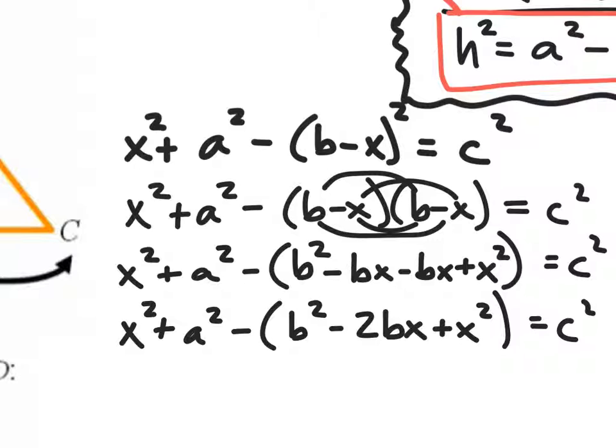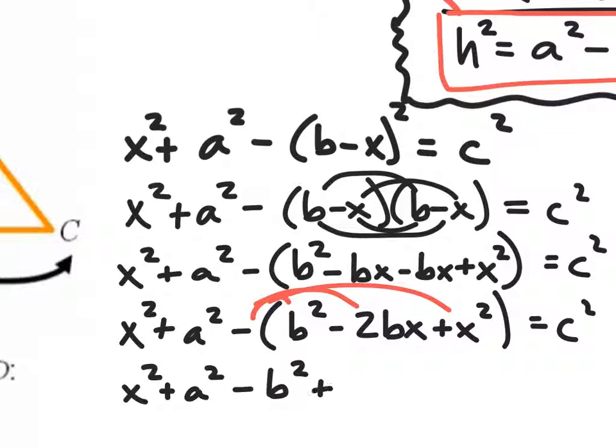So I want to distribute this negative here. All right. And so what we end up getting is x squared plus a squared minus b squared plus 2bx minus x squared is all equal to c squared.